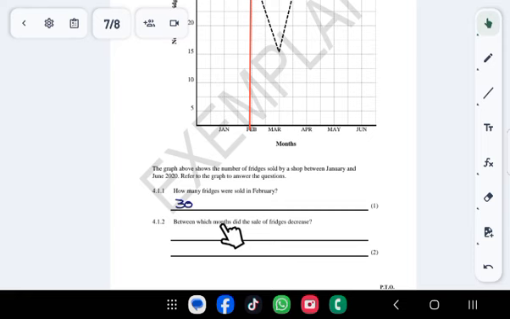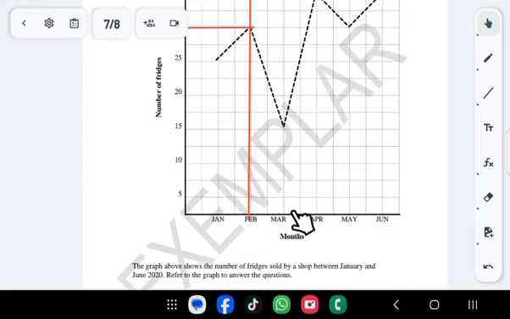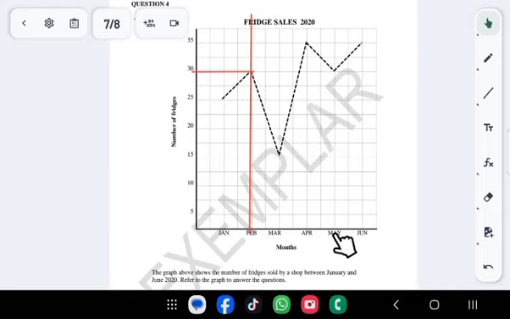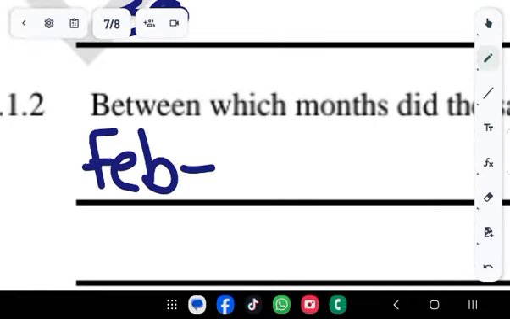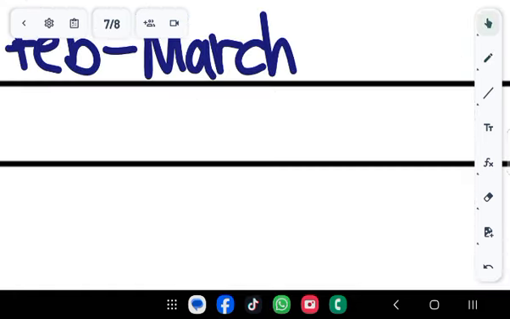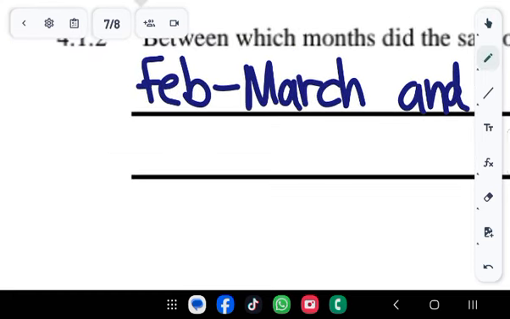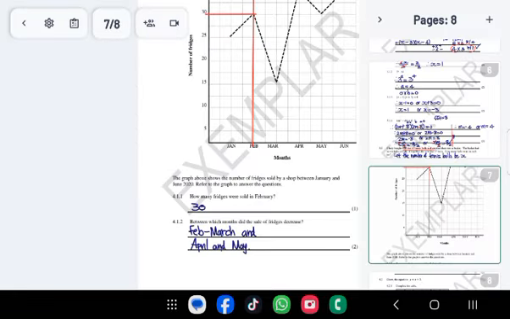It was between February and March, and between April and May. And that's how you answer that question.